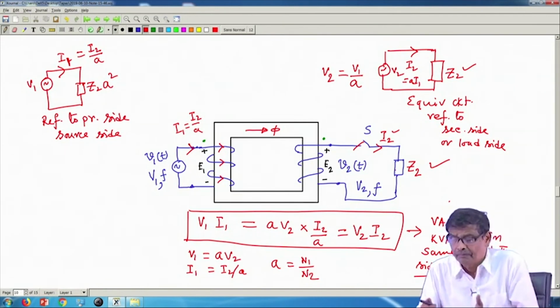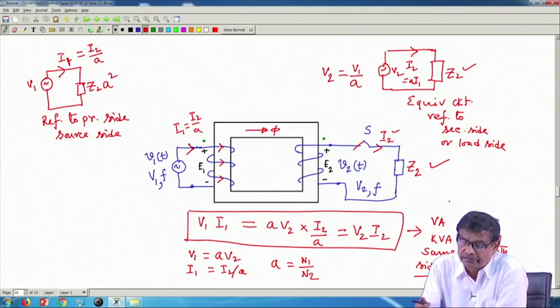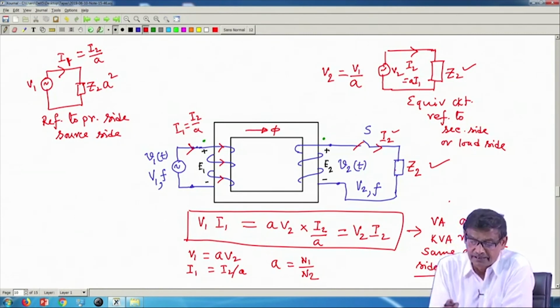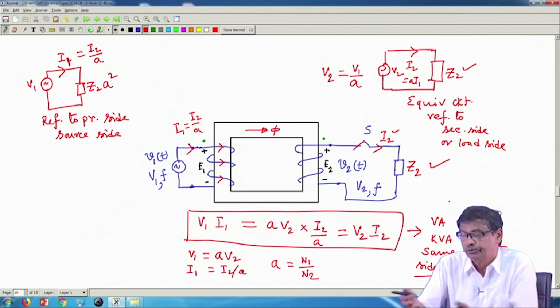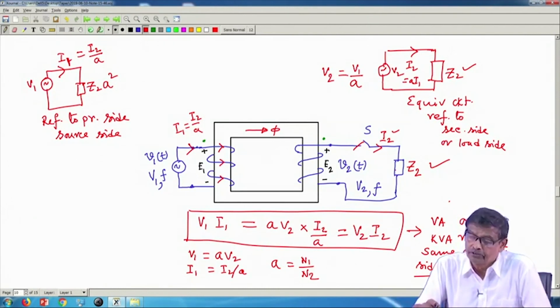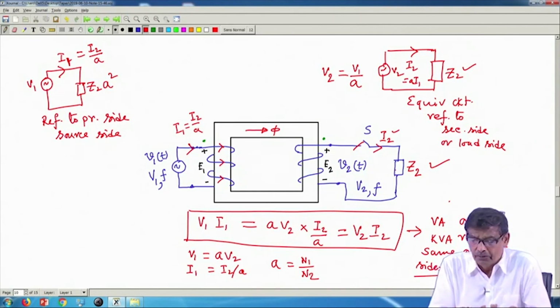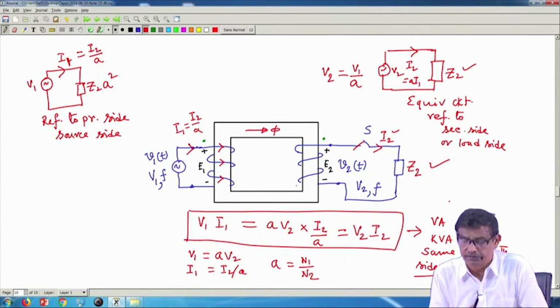Or you can consider this simple circuit, which is much simpler than this apparently complicated circuit here, just a source and an impedance, solve for the current I 2, then you come back to I 1 and so on by noting the transformation ratio.